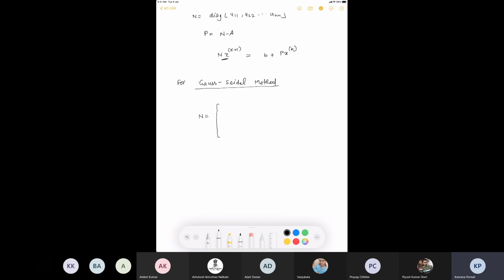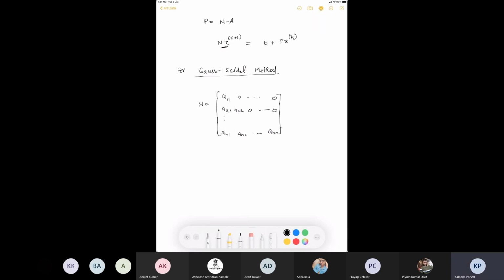So I take the lower triangular part of the matrix A, that is, I'm going to take the diagonal and the below-diagonal part. So a11, a21, a22, and the last row is going to be an1, an2 up to ann. And all the entries above the diagonal are 0, which is a lower triangular matrix.